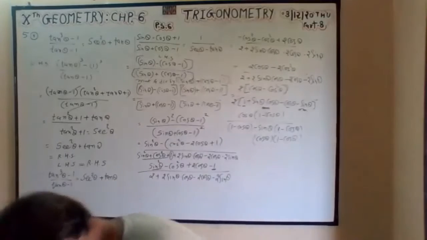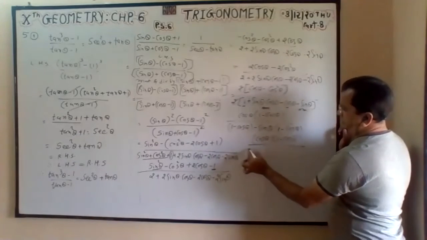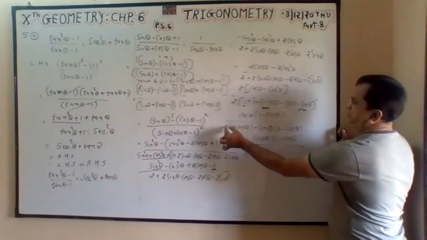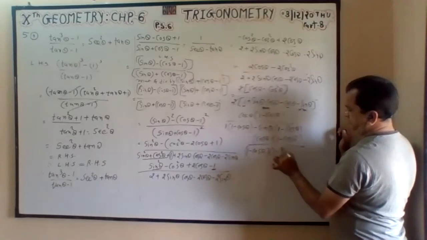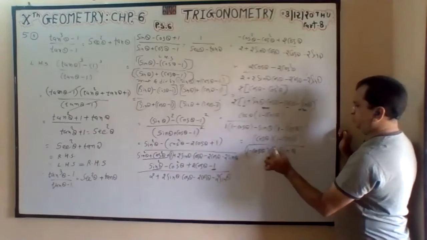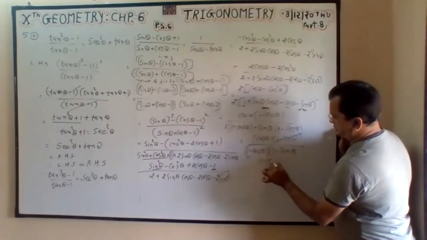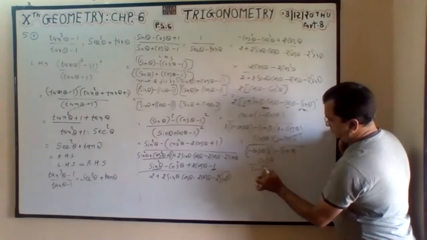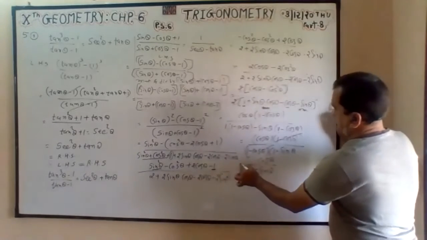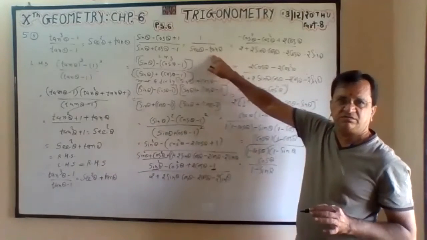Now 1 minus cos common of common. So this is 1 minus sin. So 1 minus cos cancel. So cos theta, 1 minus sin theta, that is your simplified answer.